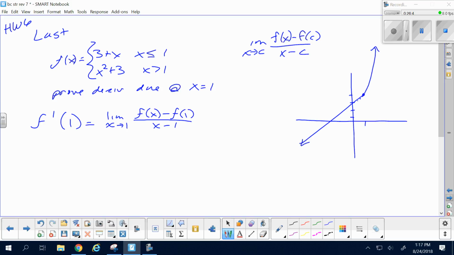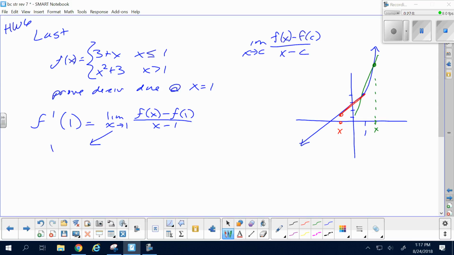And so the question is, if you take an x on this side and draw the slope, do you get the same as if you take an x on this side and draw the slope with 1? The visual says no, but let's get into the details.